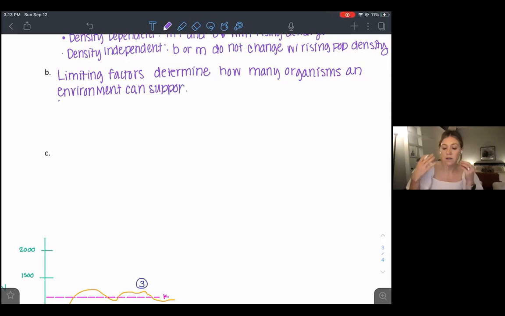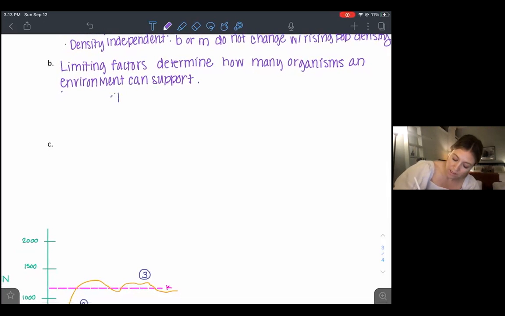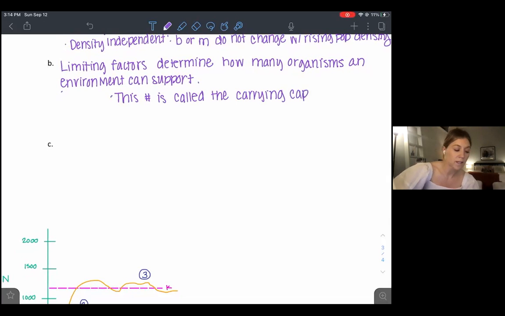That number of organisms that our environment can actually support is what we are going to call our carrying capacity. And carrying capacity is something that we're going to start to pop into our equations.